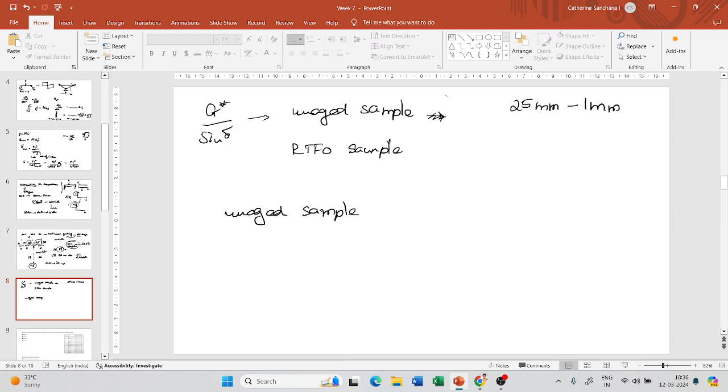My value of G star by sine delta, what is the limiting criteria? It should be a minimum of 1 kPa to resist rutting. Why is this minimum criteria given?